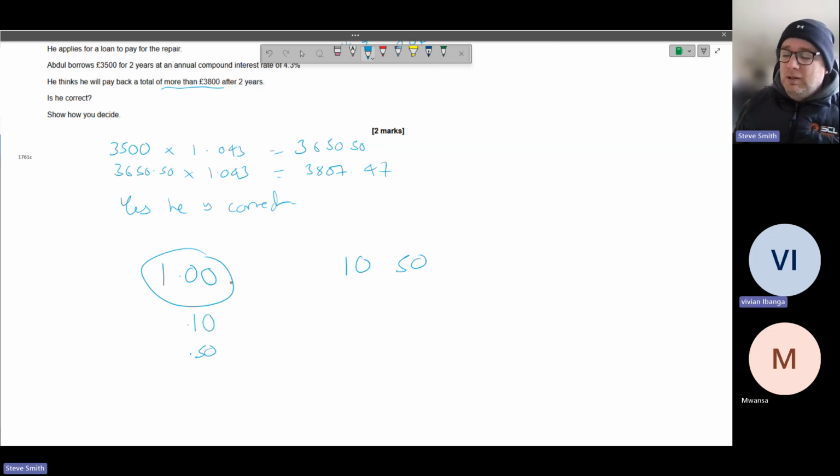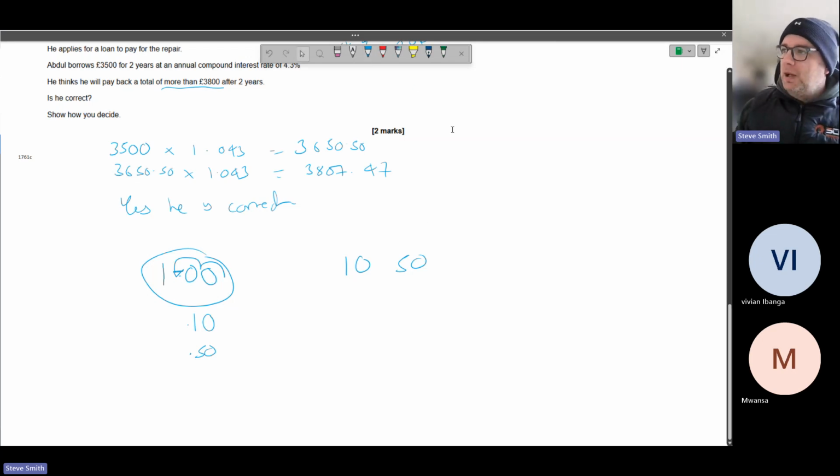When you're converting something into a decimal from a percentage, we divide it by 100. But that's what we've done here. We've just literally divided that number by 100. We're still seeing 100 when we're talking about decimals, but we're seeing 1.00. So my advice would be with compound interest questions.